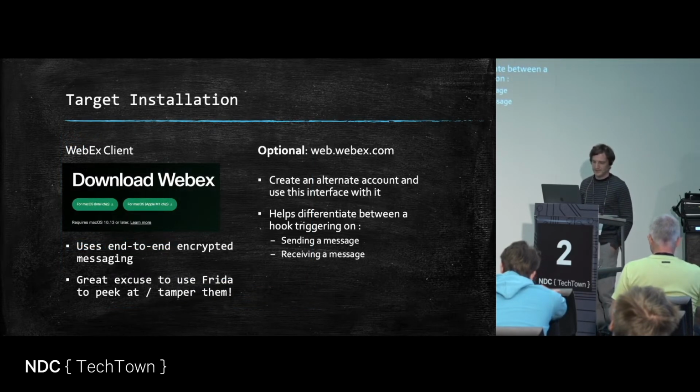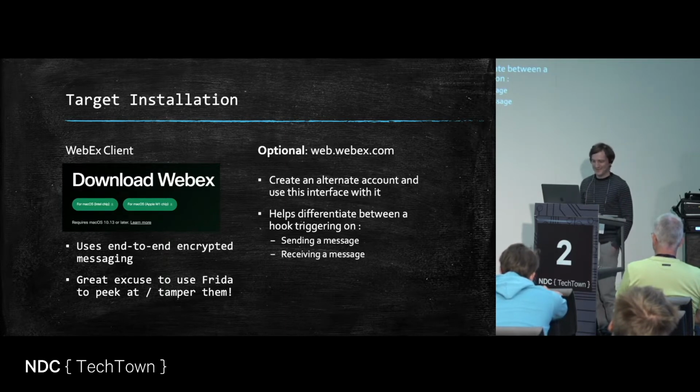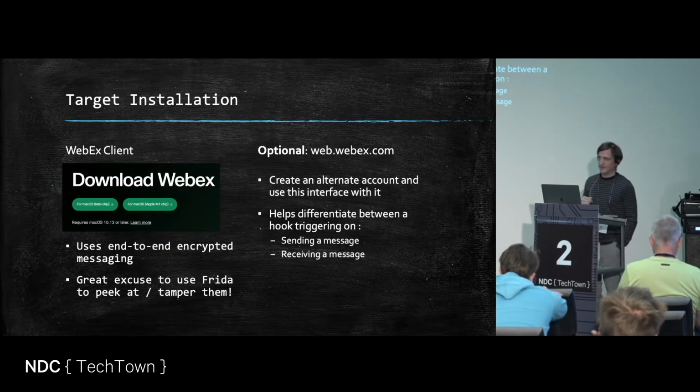The target installation. Since I'm at Cisco, I'm constantly having to use WebEx, and I tend to go after any application that I constantly have to use. So WebEx was the natural option for me. I got permission from everyone to go over it. There are no vulnerabilities I'm discussing, but it has an end-to-end encrypted messenger, so you can't peek at messages with Wireshark or with Burp or anything like that.